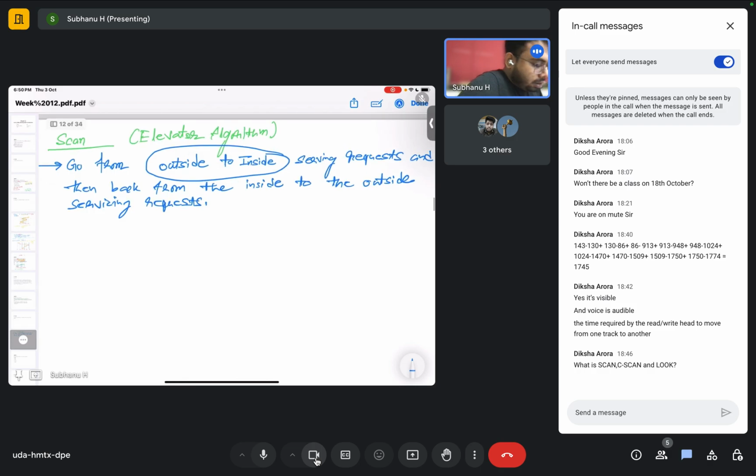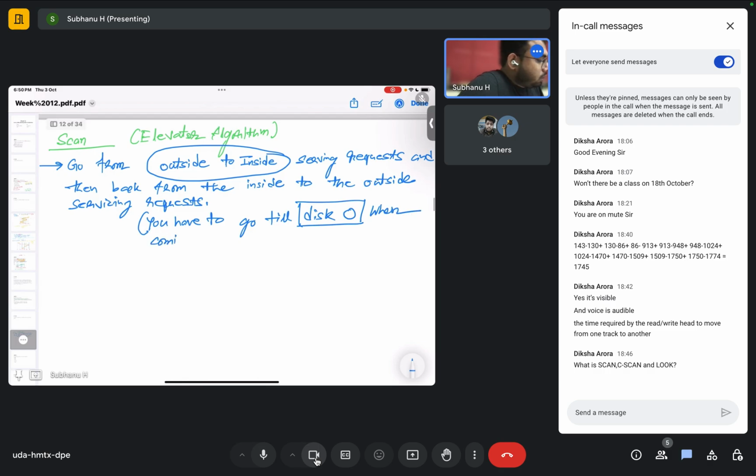The main thing is that you have to go till disk 0, and then come back. Okay, so this is the SCAN algorithm.